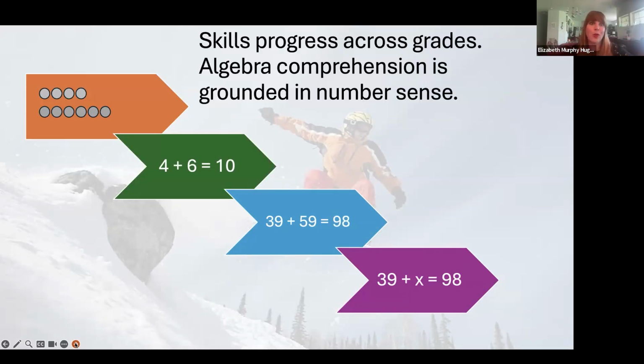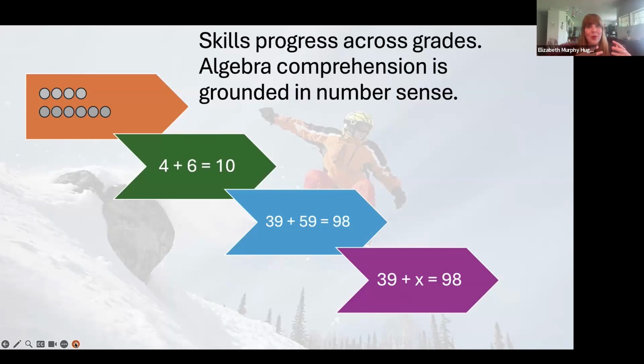And we say this squiggle is a 4, and this means 4, and this is a plus sign, and this is a 6, and equals 10. And then we start building in complexity. So now we're working with place value. And then we get to that purple one with algebra. And rather than saying we have two known numbers, we say we have a known magnitude plus an unknown magnitude, which equals a different magnitude.